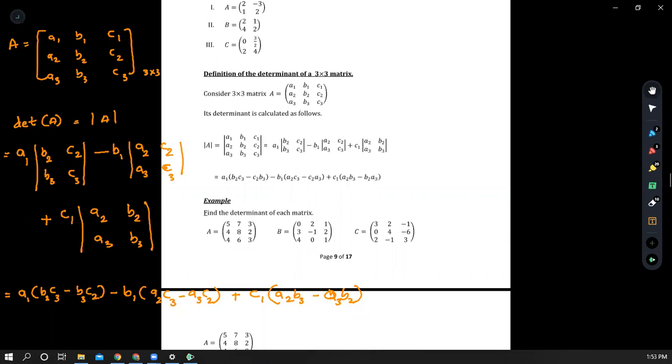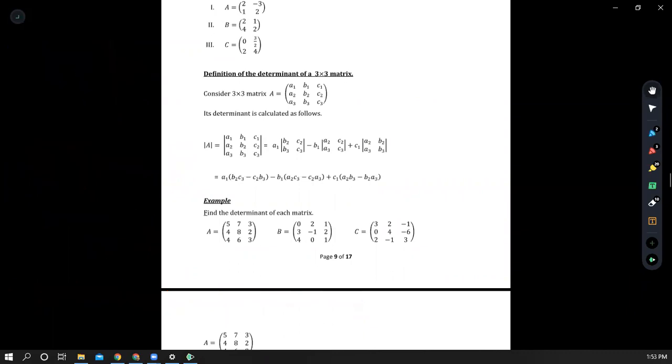I will take the first problem to explain how to obtain the determinant of a 3 by 3 matrix.